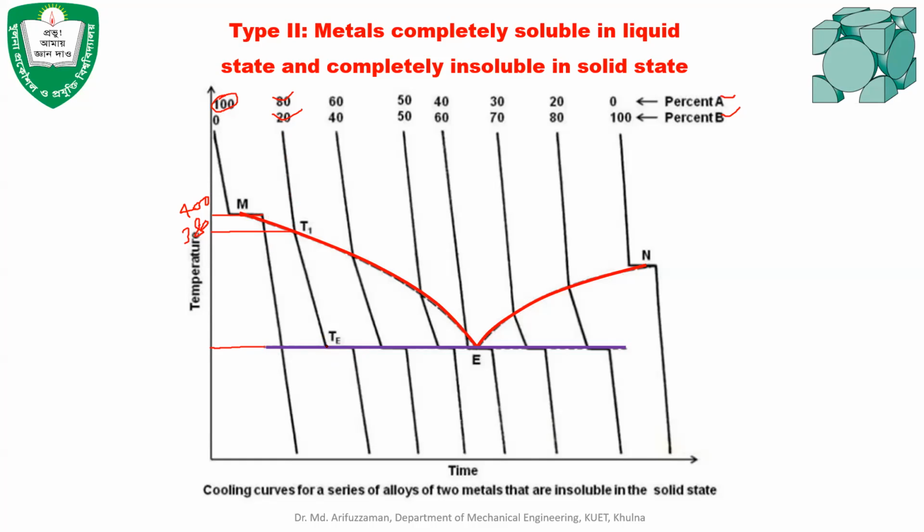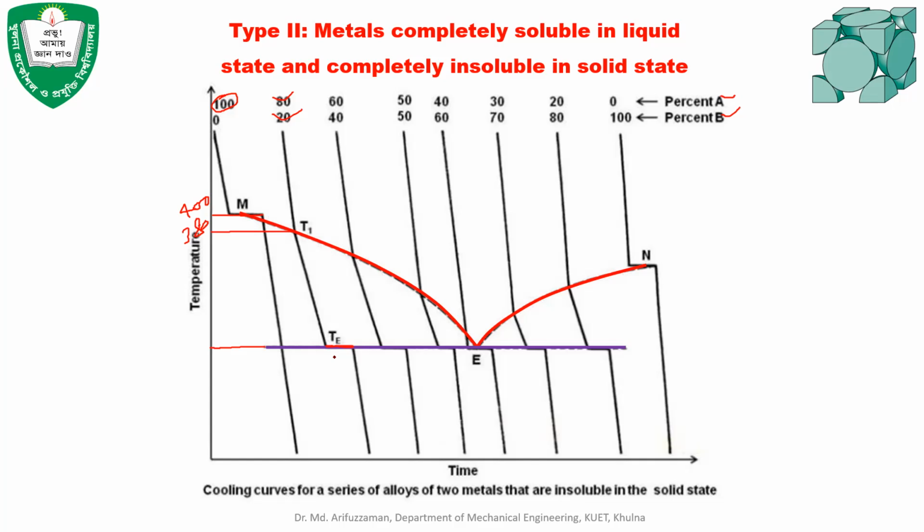But here, when solidification starts and the temperature comes to T2, there will again be a horizontal line. On that horizontal line, a eutectic reaction actually takes place.